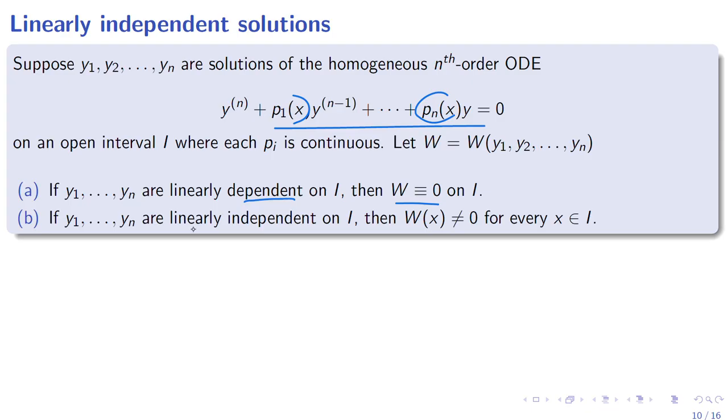If they are linearly independent, then the Wronskian will be not equal to 0 for every x in the open interval I that we wish to solve the ODE on. That means we can use the Wronskian to determine whether the given solutions in an open interval are linearly dependent or not.